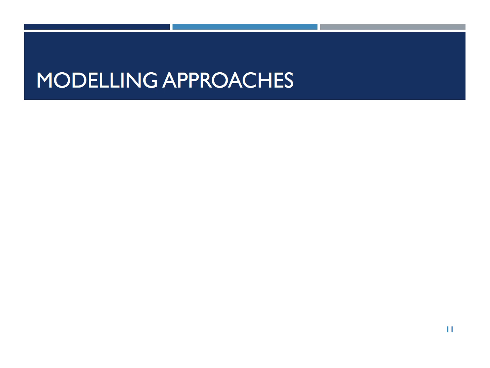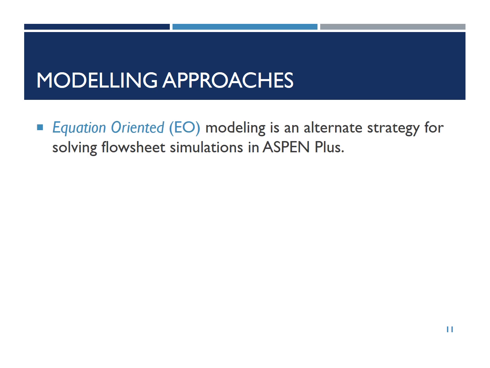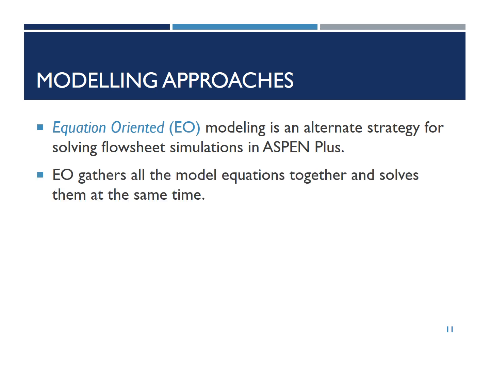Another alternative strategy for solving flowsheet simulations in ASPEN Plus is equation-oriented, or EO. EO gathers all model equations representing the mathematical model of the whole system and solves them simultaneously. The EO approach tends to converge processes with a large number of recycling loops much faster than SM.